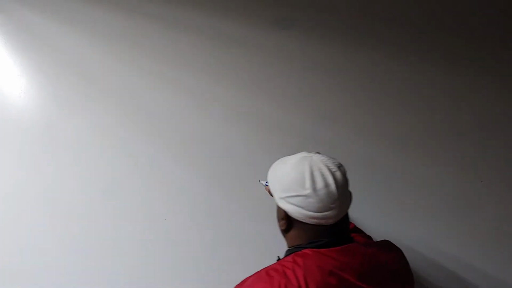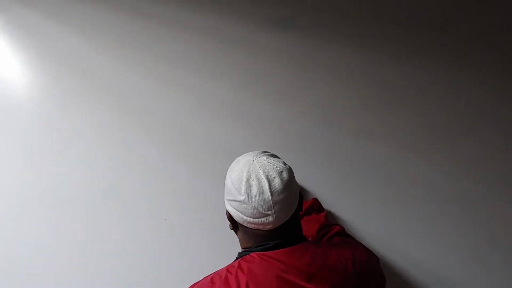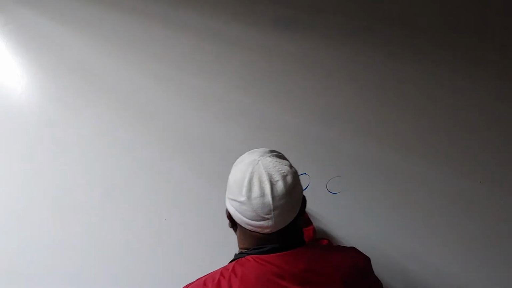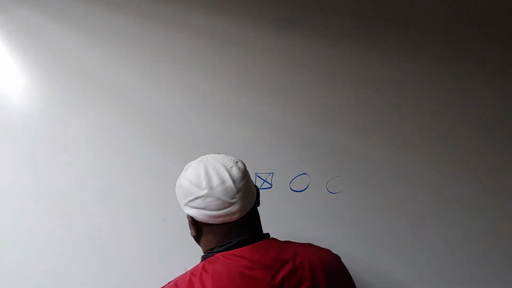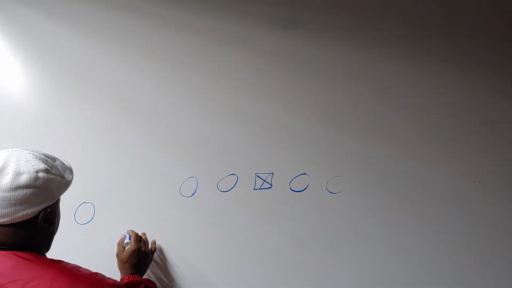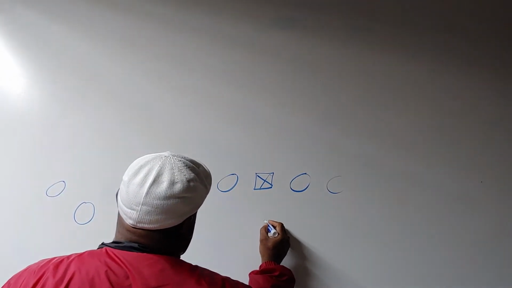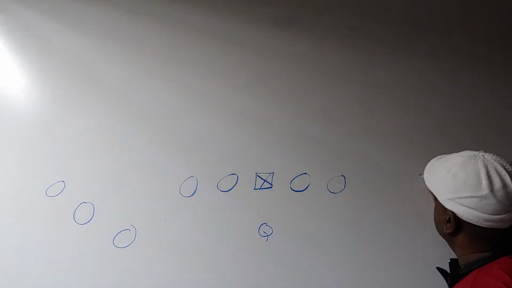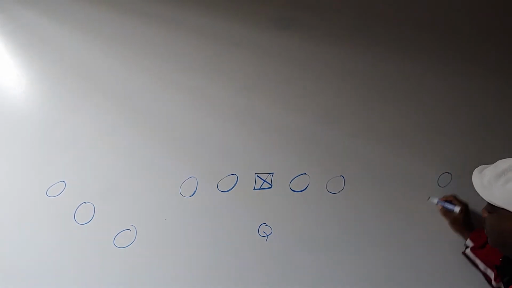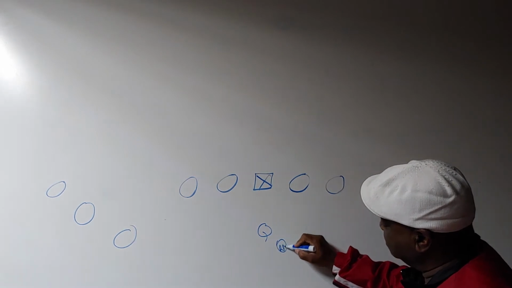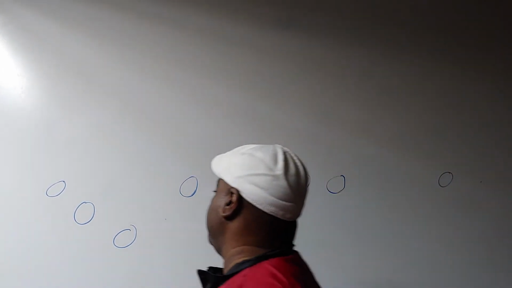All right, let's throw up an offense. Let's go with trips formation. Let's go to the quarterback, the receivers, and let's give him one running back. Okay, here's the trips.